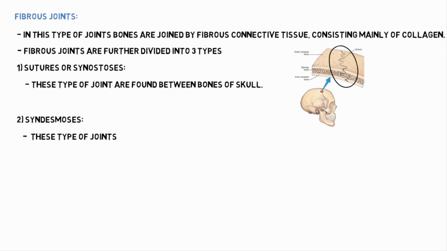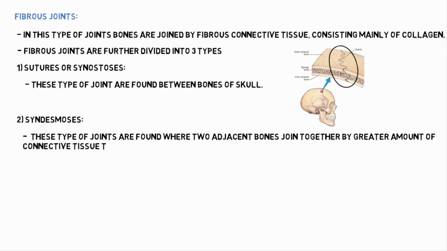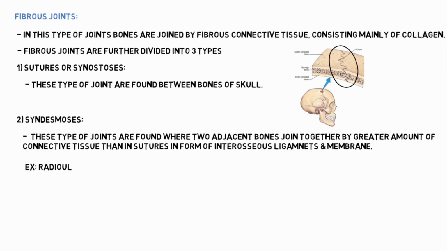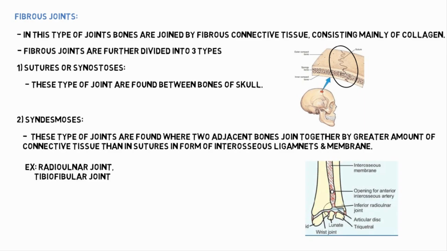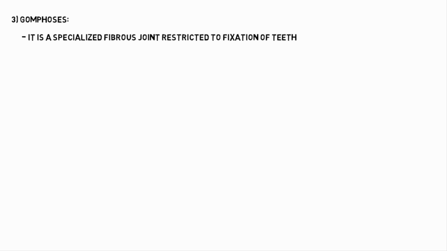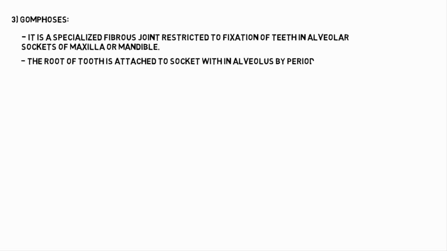These types of joints are found where two adjacent bones are joined together by a greater amount of connective tissue than in sutures, in the form of interosseous ligaments and membranes. Examples are the interosseous radioulnar joint and interosseous tibiofibular joint. Next is gomphosis. It is a specialized fibrous joint restricted to fixation of teeth in the alveolar sockets of the maxilla or mandible. The root of the tooth is attached to the socket within the alveolus by the periodontal ligament.